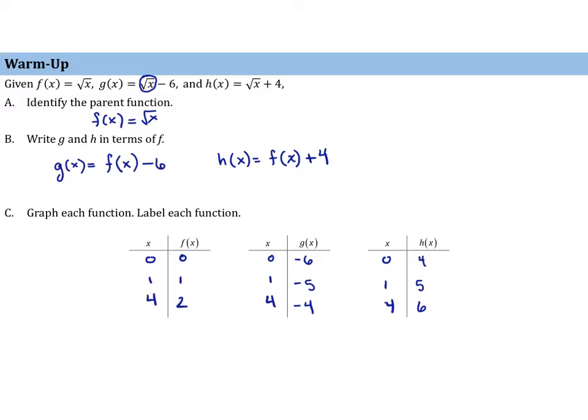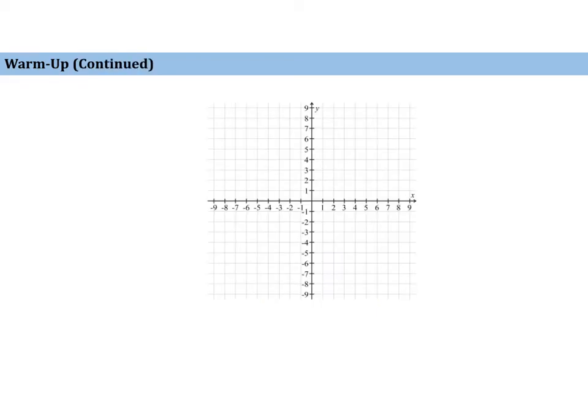Now let's go ahead and look at the graphs. Again, this is a warm-up. We're moving towards a quicker way to do these than plotting a bunch of points. So f, we had our key points 0, 0, 1, 1, and 4, 2. And this is just our familiar parent function. For g, we had 0, -6. We had 1, -5.